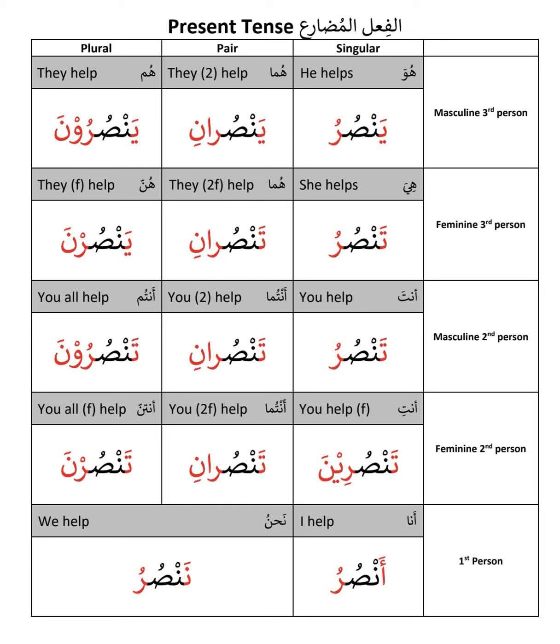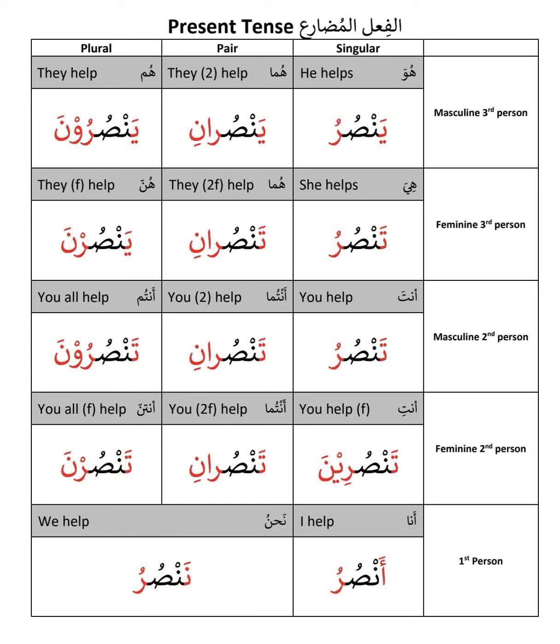So yansuru. If you see, first is ya and then ending is u sound. That means that is huwa. Ya and u sound is huwa. Then ya and ani sound, that is huma. Then ya and una sound, that means hum. Then ya changes to ta.